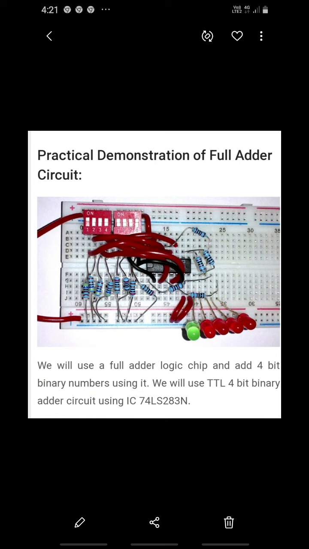And in the above PPT, the practical demonstration of a full adder circuit. So it contains different resistors and LEDs on the PCB.